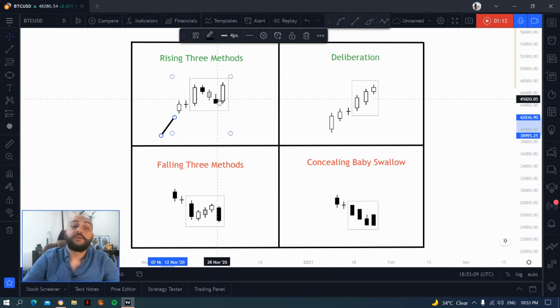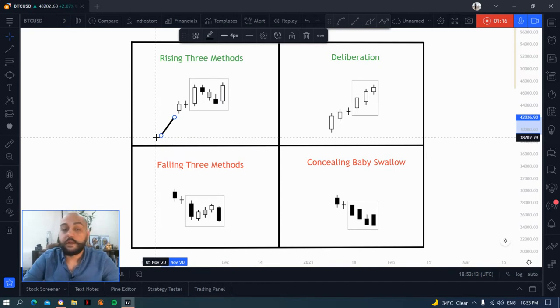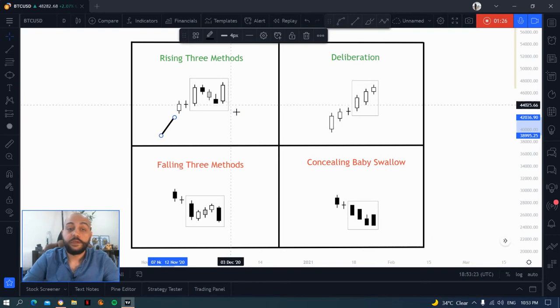And this is what the rising three method is. You see it in an uptrend, or in a downtrend, which is the falling three method. We're going to talk about this in a second. You start with a big bullish candle, then a few spinning tops in the middle, then another big bullish candle. If you don't remember what a spinning top is, it's basically a candle with a very small body.